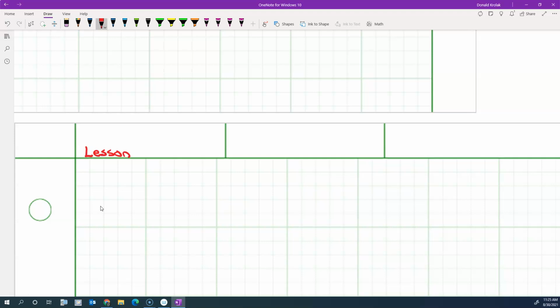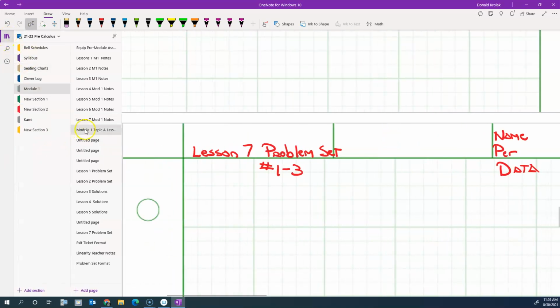You're going to do the lesson 7 problem set, problems 1 through 3. Over here you got your name, period, date. So don't do it on the paper, do it on a separate sheet. I'll tell you what page it's on.